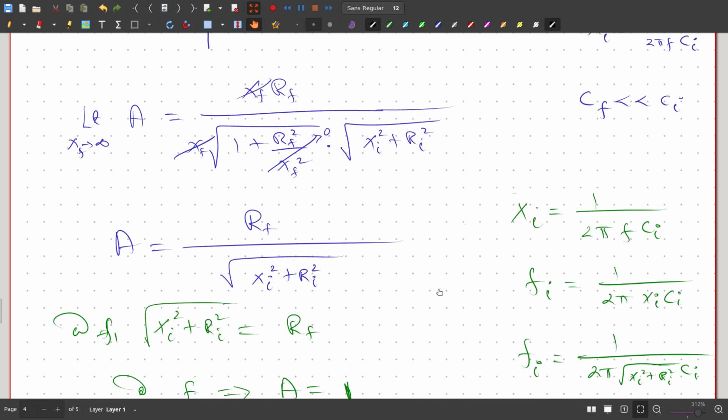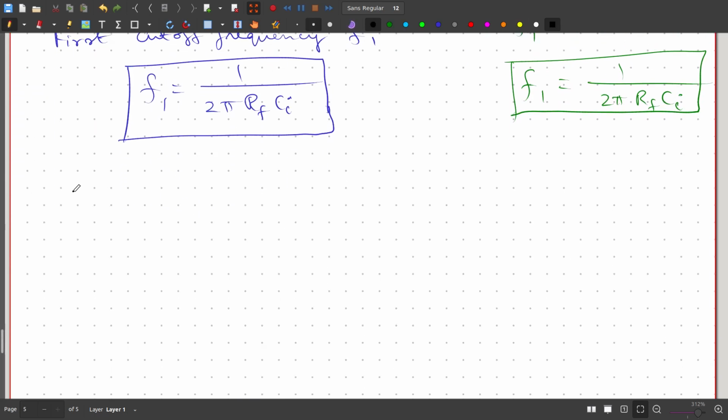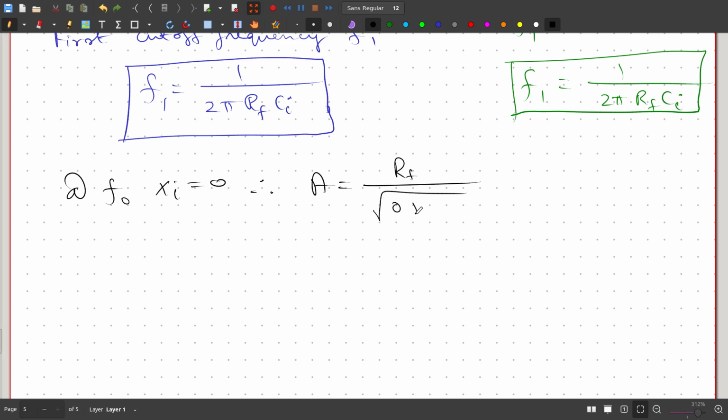So let me write it here. At f0, Xi equals 0, therefore our A equals RF divided by root of 0 plus Ri square, which is equal to RF by Ri, right?